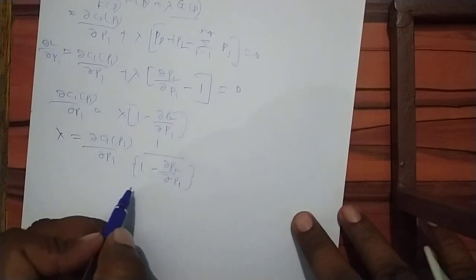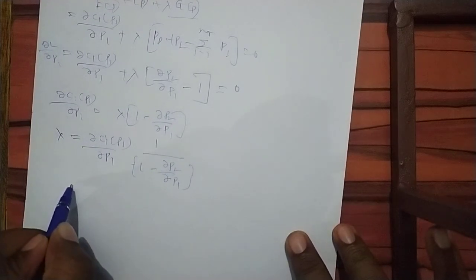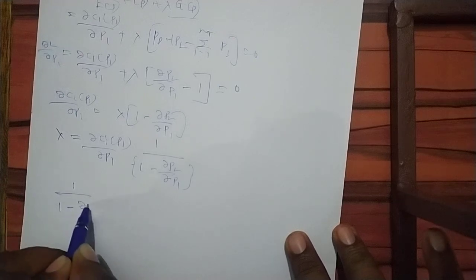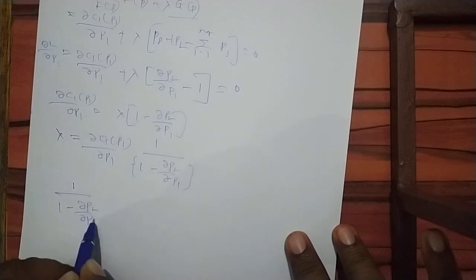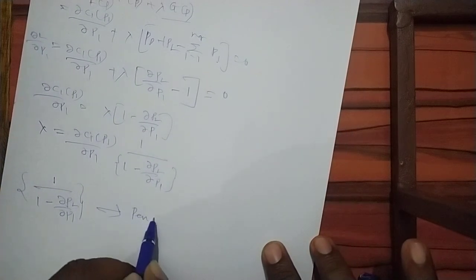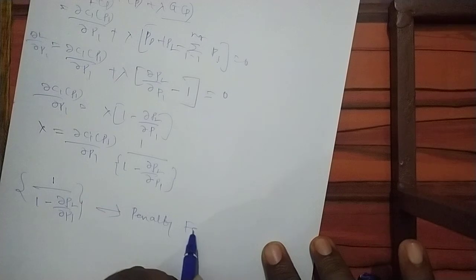This factor, 1 by 1 minus dou PL divided by dou P1, we call a penalty factor.